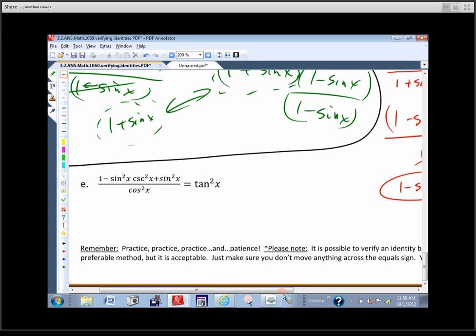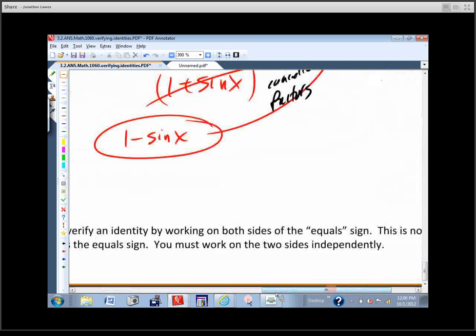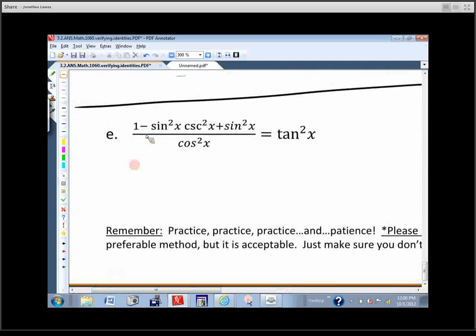So you done? Did you check with your neighbors? Is your neighbor done and you're still barking up the wrong tree? Because is this a difficult one? This should be an absolute breeze, shouldn't it? Because this would be 1 minus, what's the general technique here?